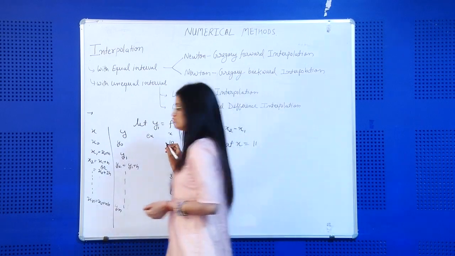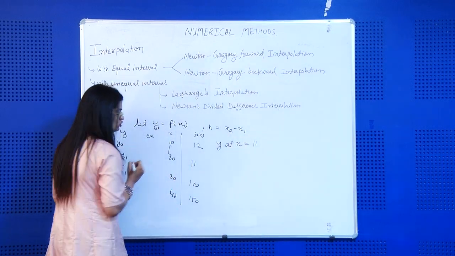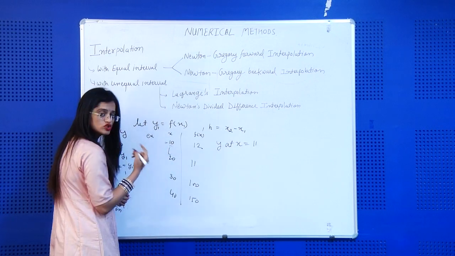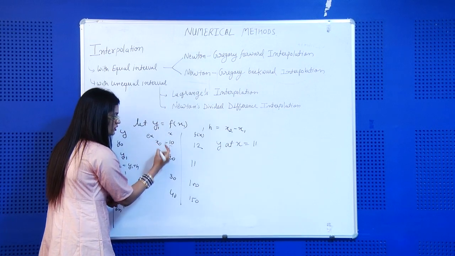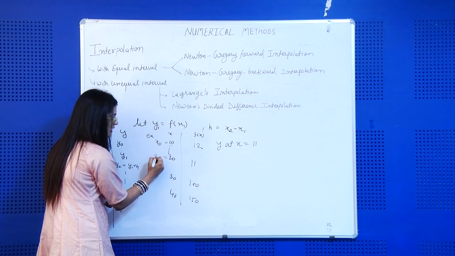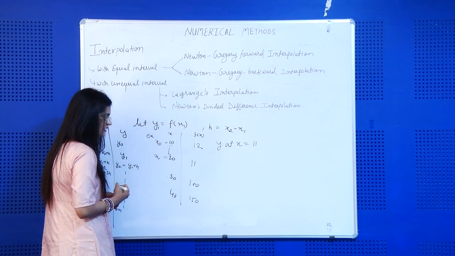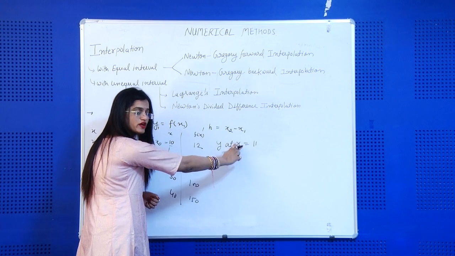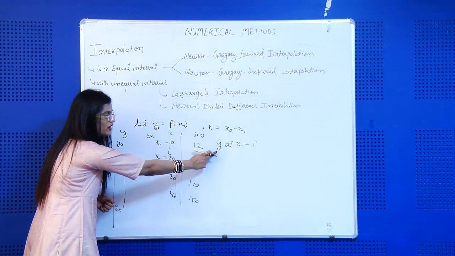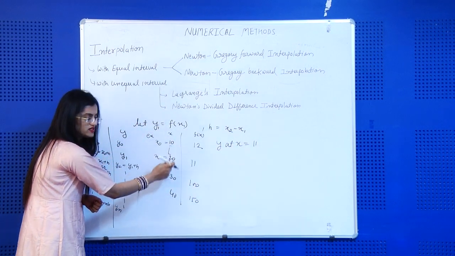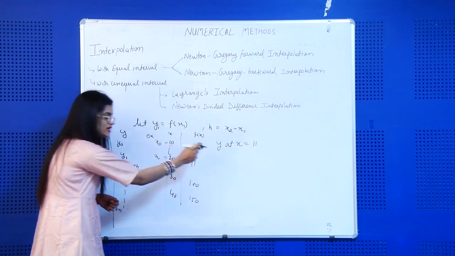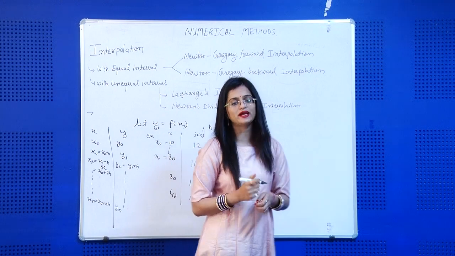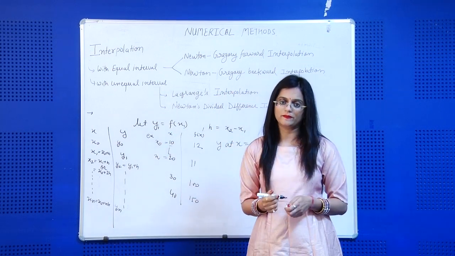But x equals 11 lies between these two values. If I initialize the position values, I get x naught equals 10, and this is my x1. Correct? That means the given value of x, where we have to find the value of y, lies in this interval. This type of problem can be solved by the interpolation technique.